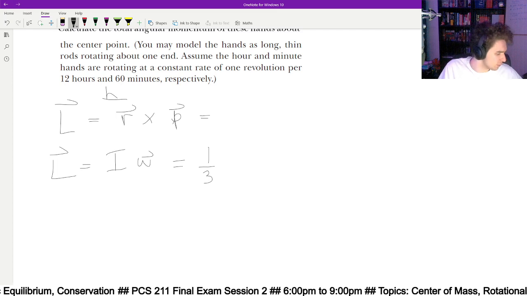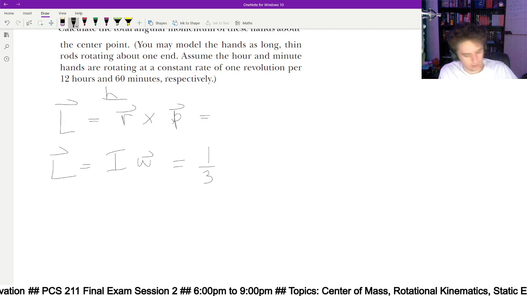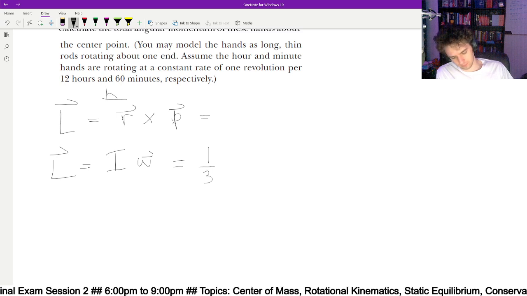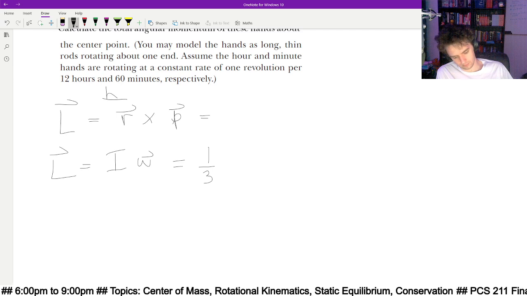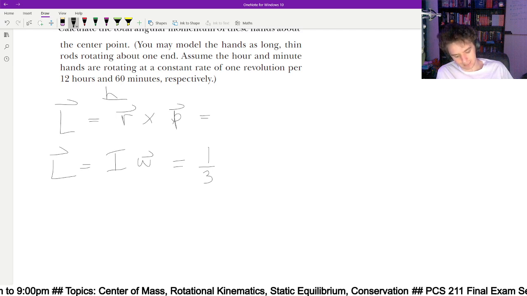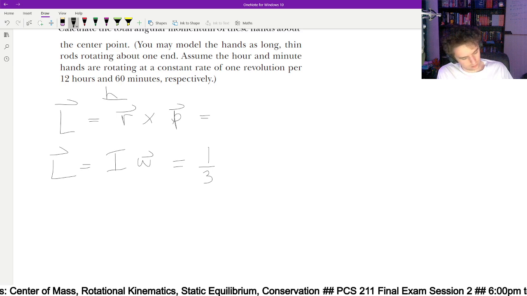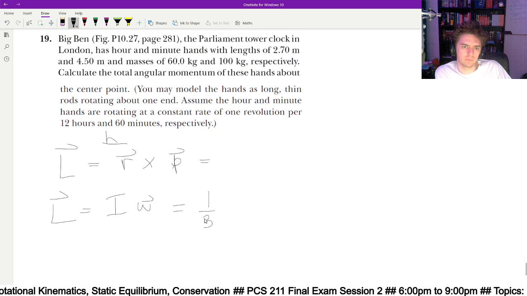Where did the table come from? It's from lecture notes. Oh, so the rod is the rotation through the center, right? Not through the end. The axis of rotation is going to be the center, right? Because when it says through the center, it says 1/12 ml squared.